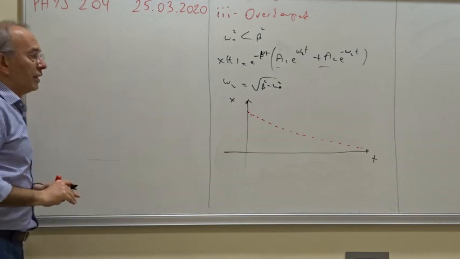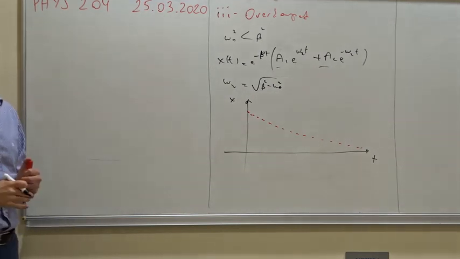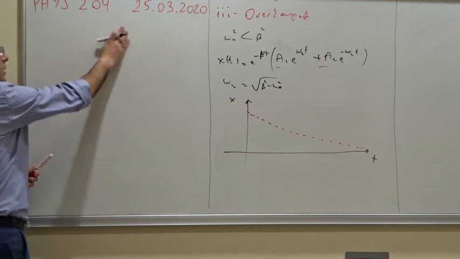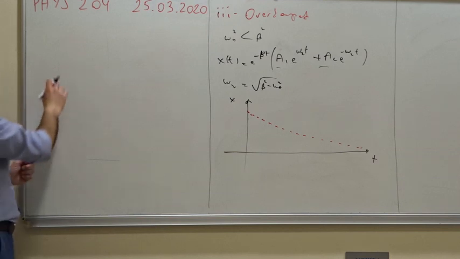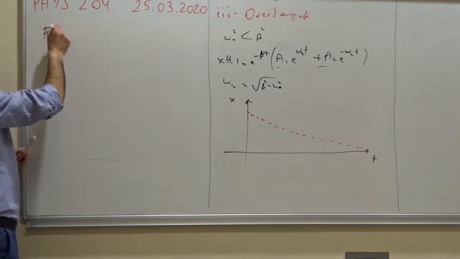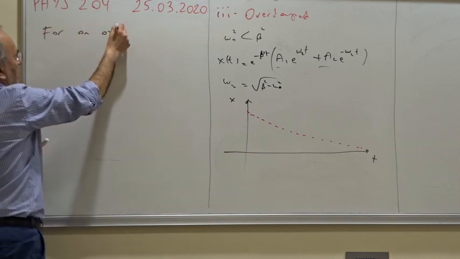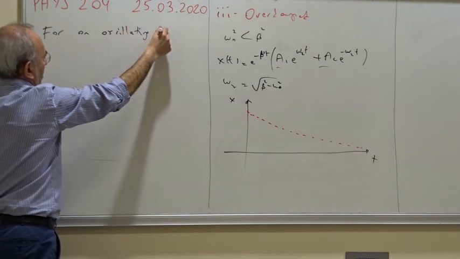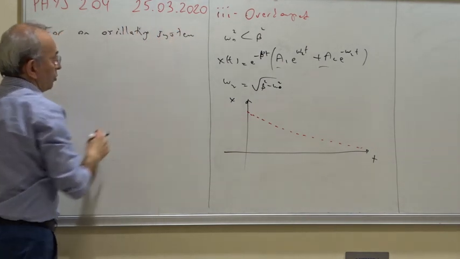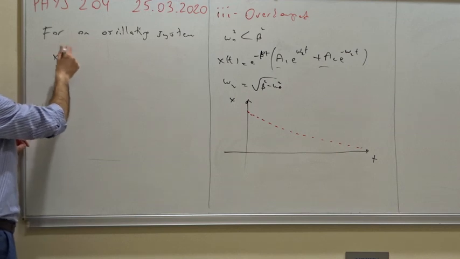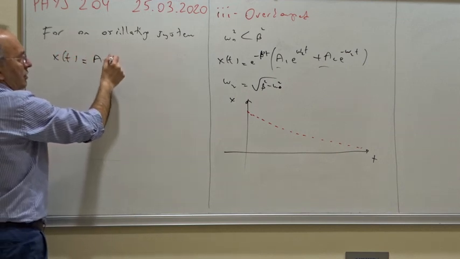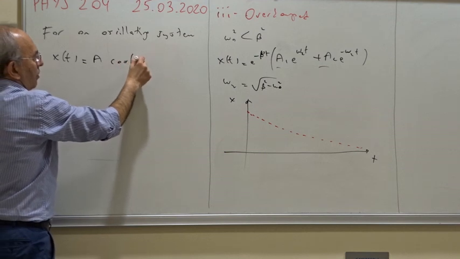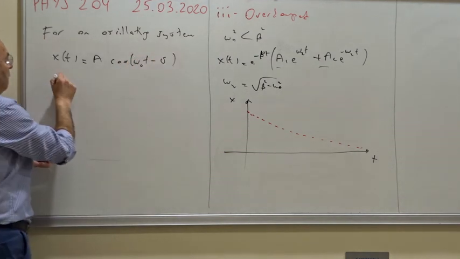Let's also talk about the energy to some extent for such an oscillating system. So for an oscillating system, let's say x of t is a function, for instance, A cosine(omega 0 t minus delta).